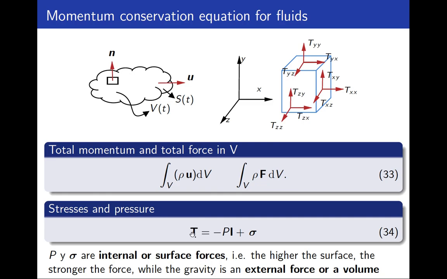The total stress represents all the stresses that are acting on the body, which in this case are 9. Here T, the total stress, is represented as a bold quantity, which is not actually a vector quantity, it's a matrix, a tensor. A tensor is a mathematical representation of all these components, which is simply a matrix of 3 by 3 components.